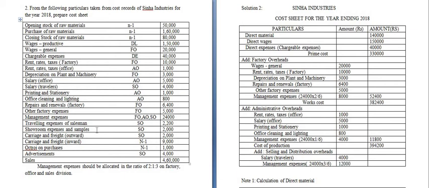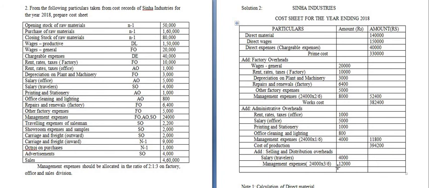Okay, now next they have given is traveling expenses of salesman. Even that is relating to selling and distribution overheads. Okay, write it here. Traveling expenses of salesman.